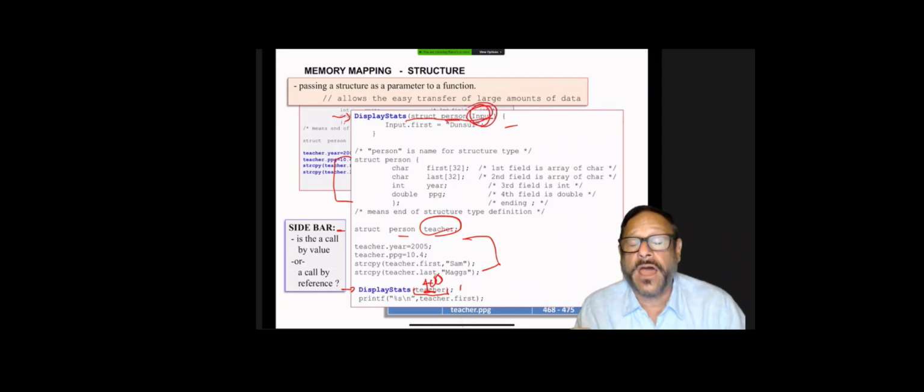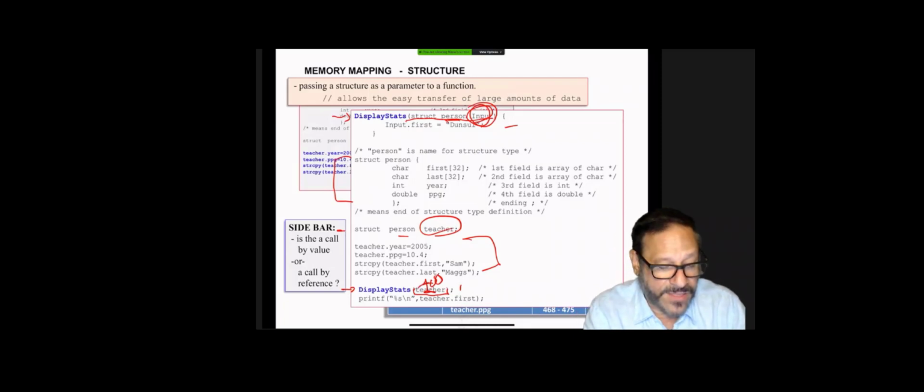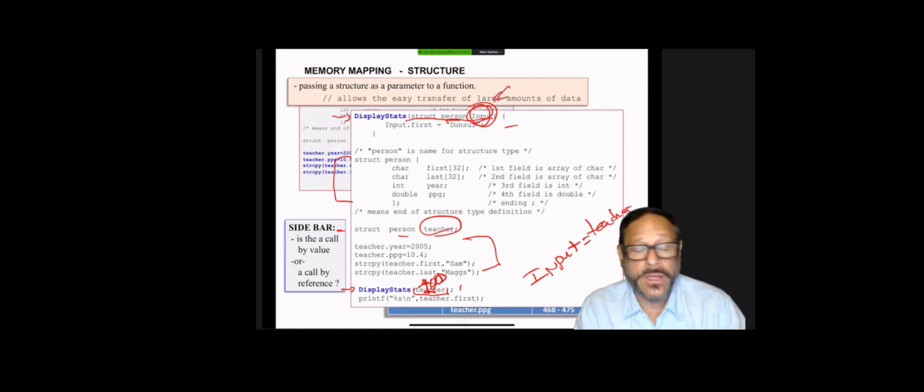It will find a new 76 contiguous bytes in memory to call input. It does that, and then here's our 400. This is exactly the same as if we had said input is assigned teacher. It will do a byte by byte transfer. So in this new memory location, it's going to have Sam and Mags and 2005 and 10.4.